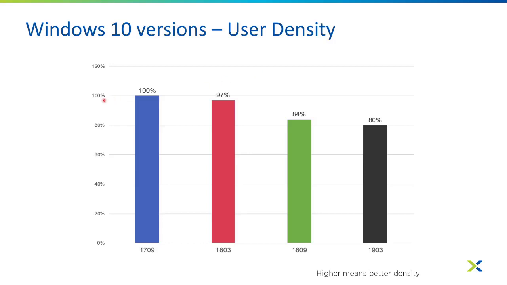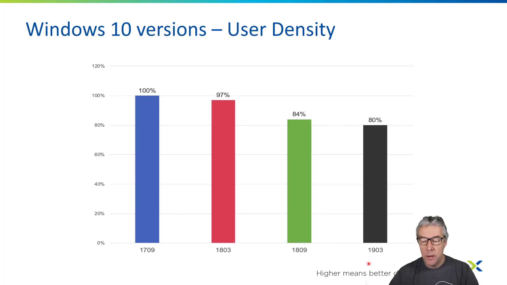This depicts how the build affects the overall user density or application performance. So in this case, we're looking at build 1709. Again, take that as the baseline. So 100% user density. As Microsoft has released different build numbers, the user density has reduced.